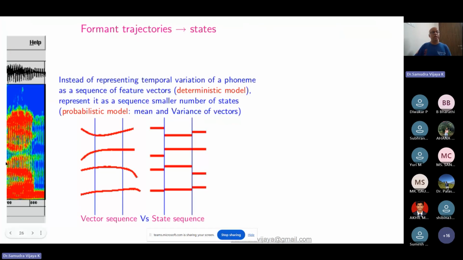Therefore, it is better to model even one vowel A as a sequence of 3 parts, which they call states in the statistical Markov model jargon.